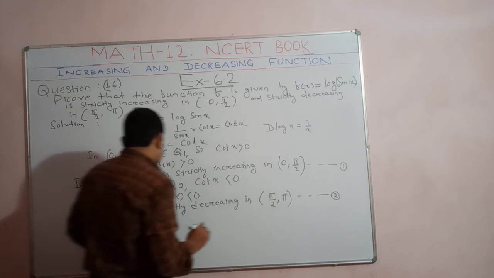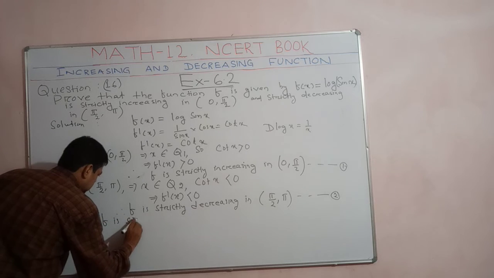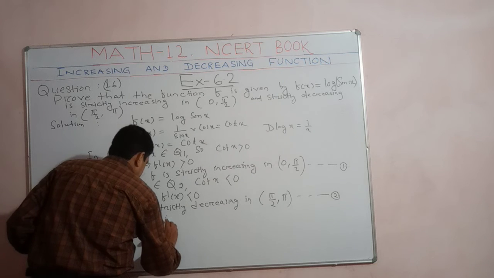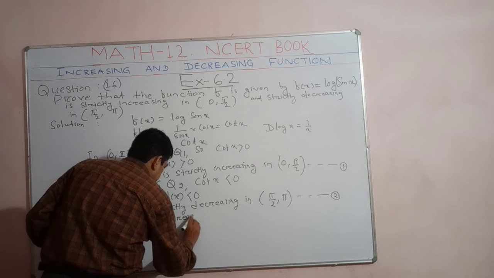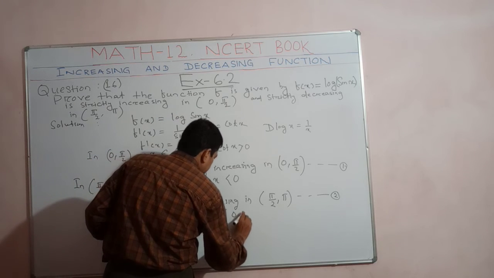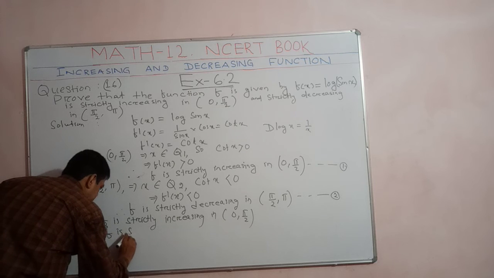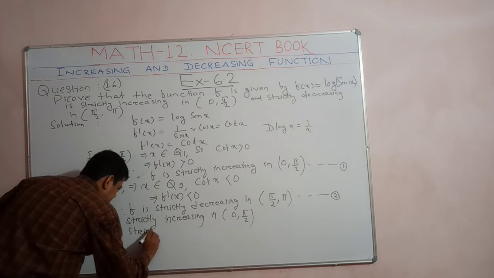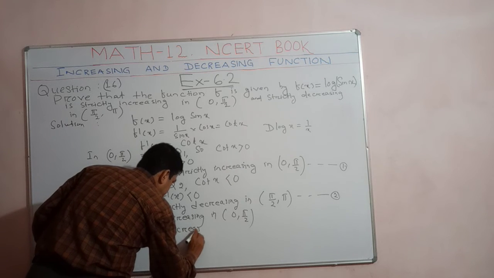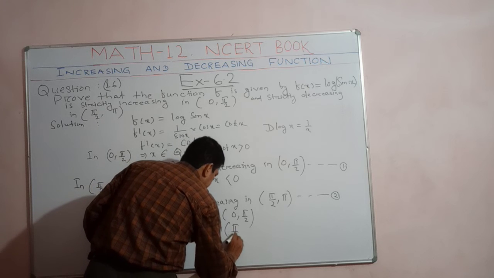Thus, we get that f is strictly increasing in the interval 0 to pi upon 2, and f is strictly decreasing in the interval pi by 2 and pi.